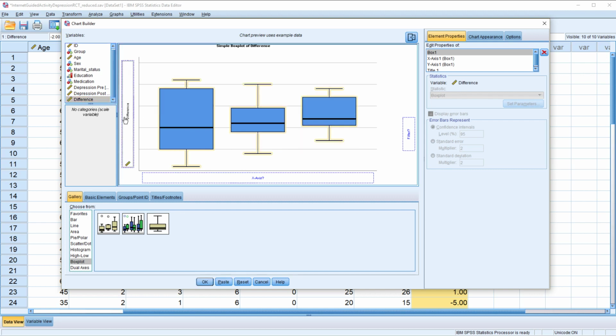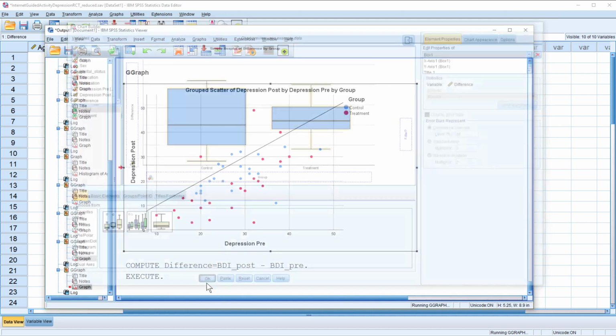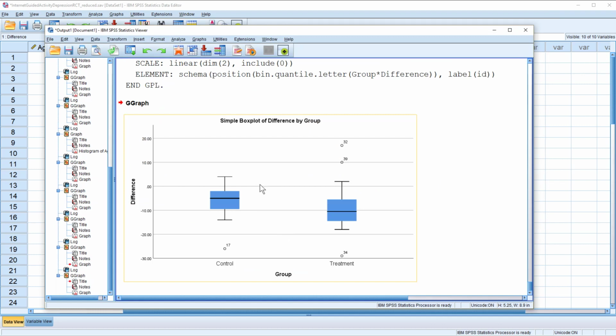So I'm going to drag in the difference, and then I'm going to drag in the group. There's so much overlap here. So this is where we get to the point of, hopefully you're thinking now, I'm not sure if this matters. It looks like there was a bigger difference for the treatment group, but then we've got a couple of people who were more depressed.